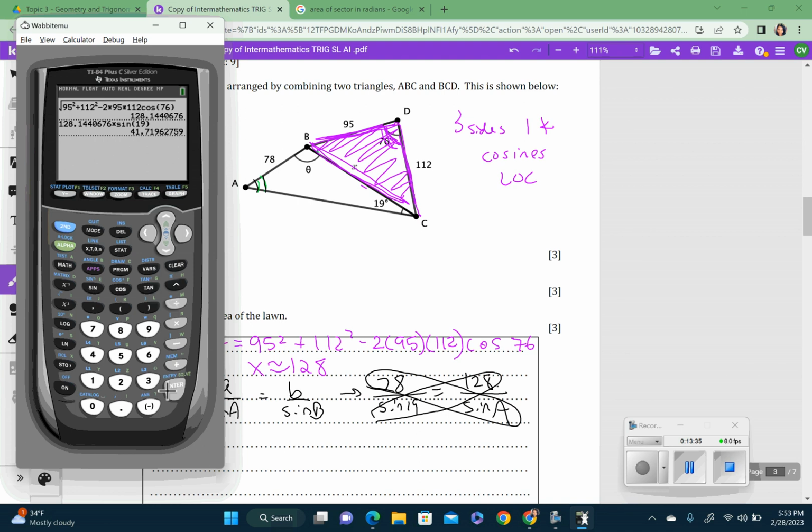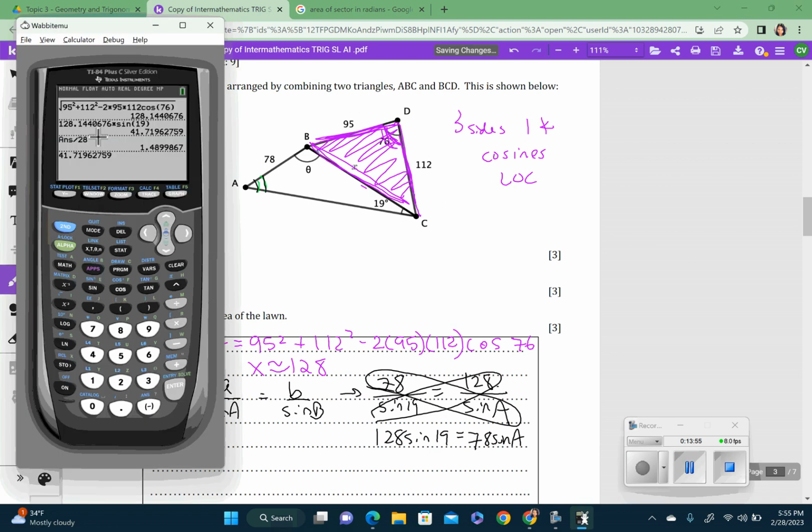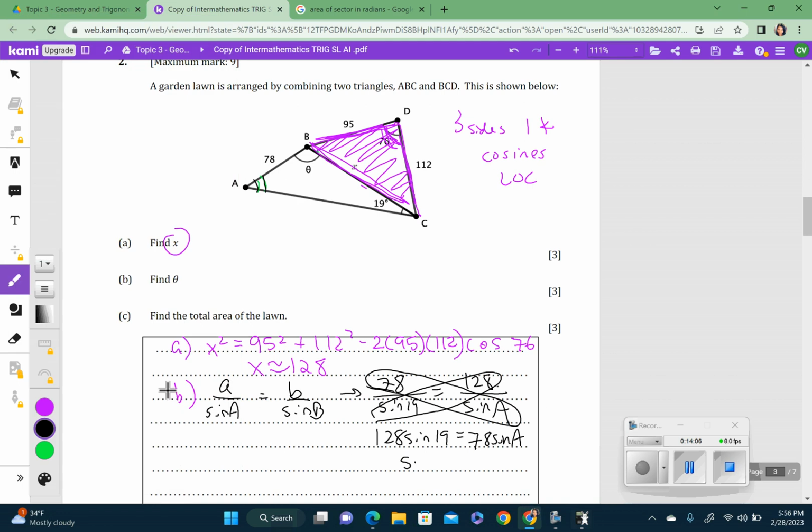And so now I have sine of A times 78 is equal to that answer. So I'm going to take this and divide it by 78, hit enter. Actually, I just figured out what I did wrong, right? So this is 78, not 28, okay? So that is important. I'm going to take my answer from here and divide it by 78. Good. And so that's going to be what the sine of A is equal to.